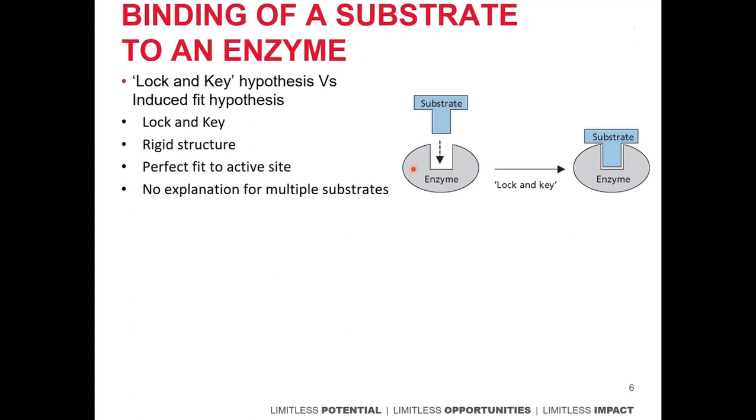Now the problem with this theory is that it breaks down when we realize that enzymes are able to turn over multiple substrates. So it might be that one enzyme molecule is designed to react with a particular substrate. However, in reality, there is some flexibility around this.